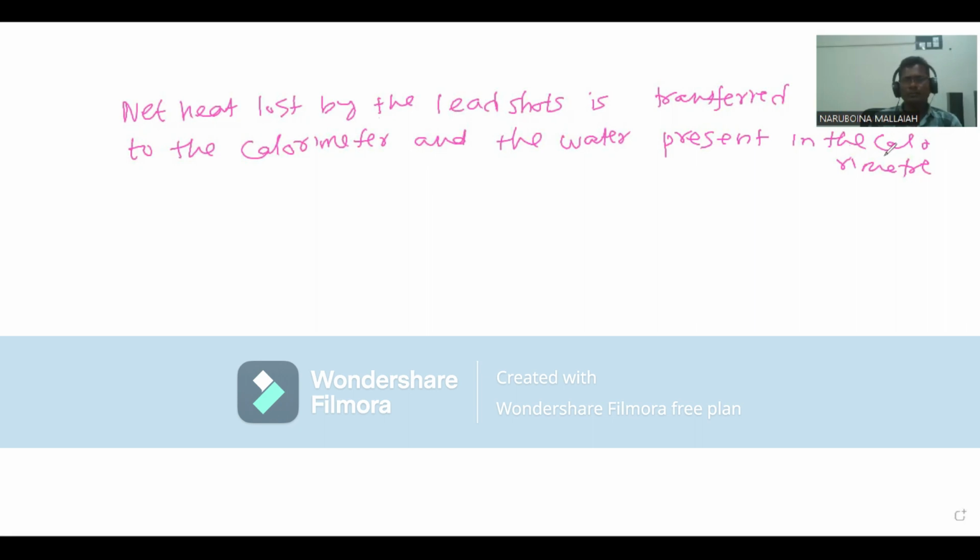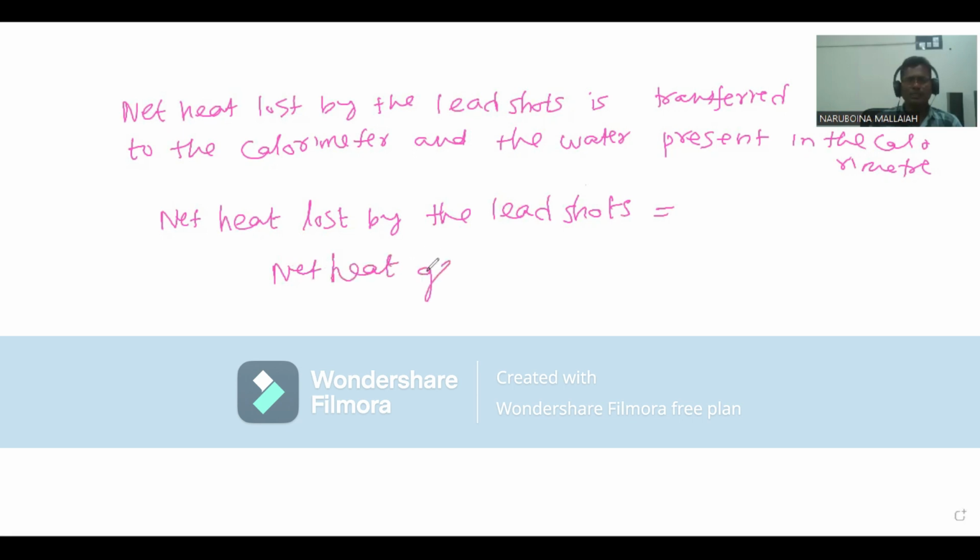We know net heat lost by the lead shots is equal to net heat gained by the calorimeter plus net heat gained by the water.